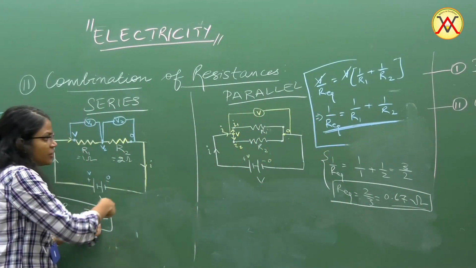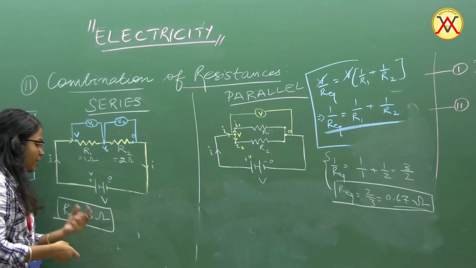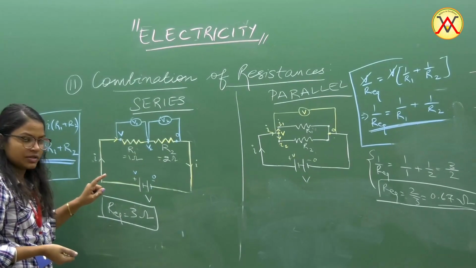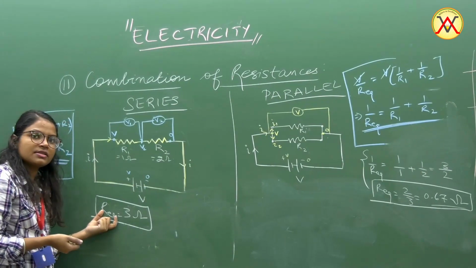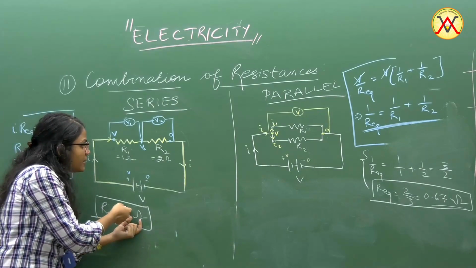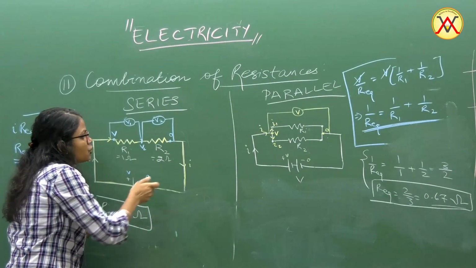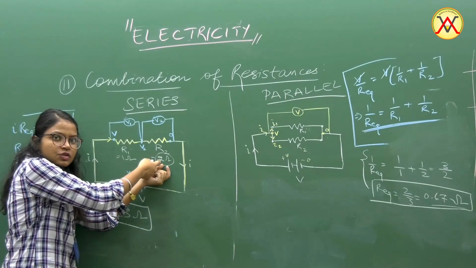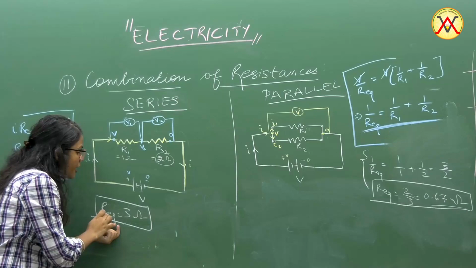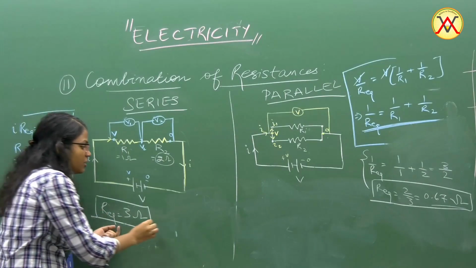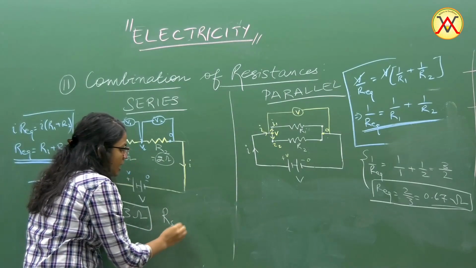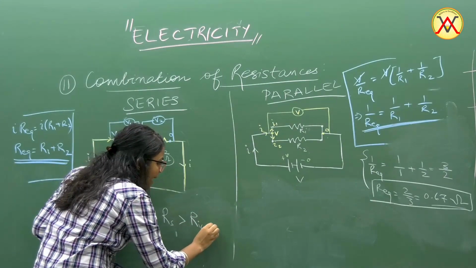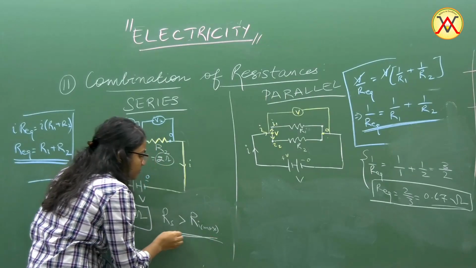So can you find some pattern over here? What's the pattern? In series combination, the equivalent resistance is greater than the maximum individual resistance. See, in 1 and 2 ohm, maximum resistance is 2, minimum is 1. R equivalent in series combination is greater than individual maximum resistance.